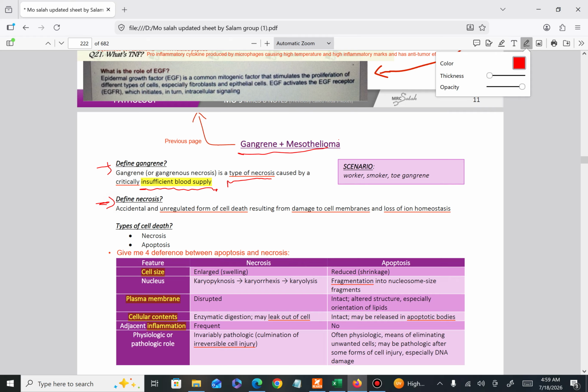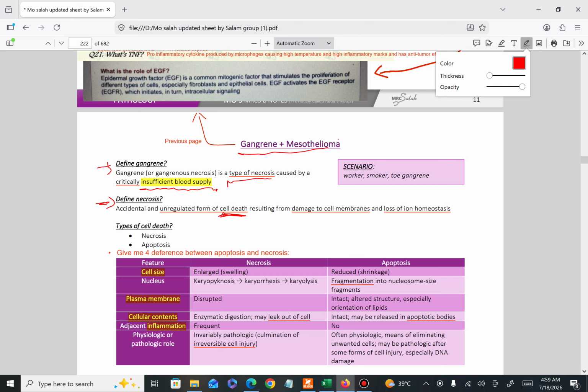Necrosis is an accidental or unregulated form of cell death, resulting from damage to the cell membranes and loss of ion homeostasis. So necrosis is the pathological form of cell death. The other form of cell death is apoptosis, which is physiological.